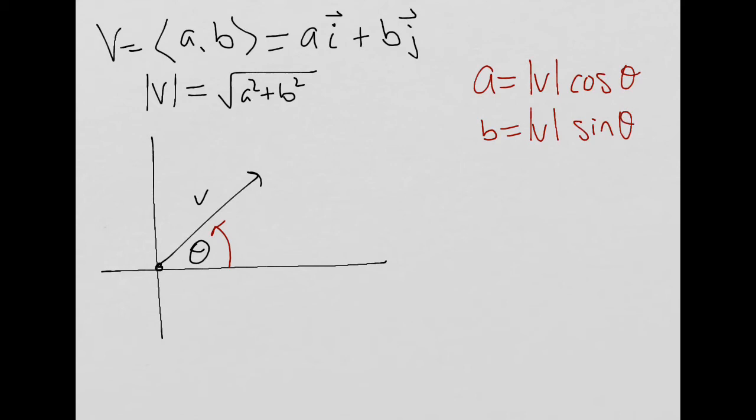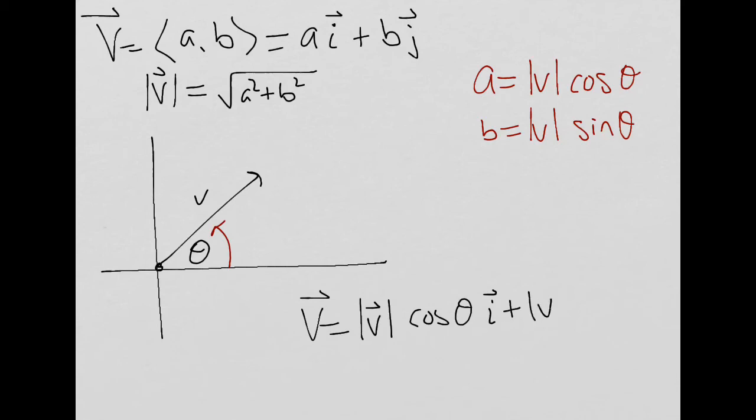So we're back to a similar representation to what we had for our complex numbers. v equals the magnitude of v, and I'll put arrows here just so we know that we're talking about vectors, times the cosine of theta times i, plus the magnitude of v sine of theta times j.